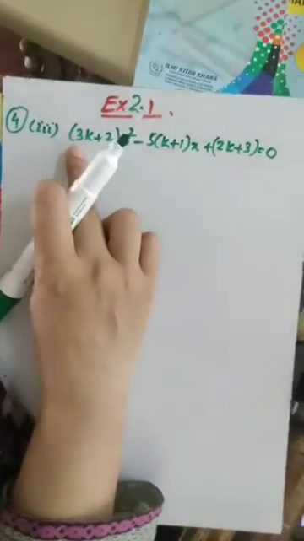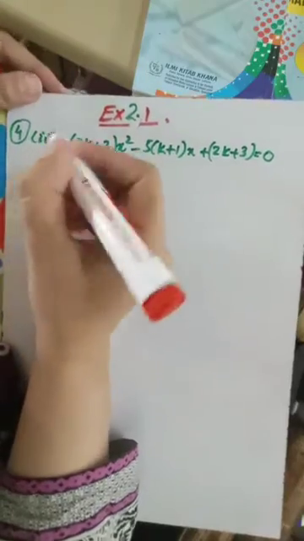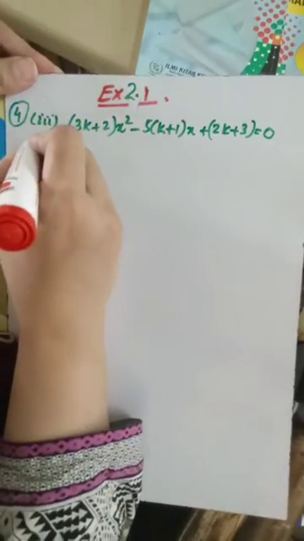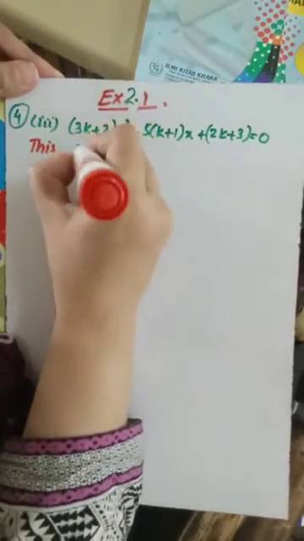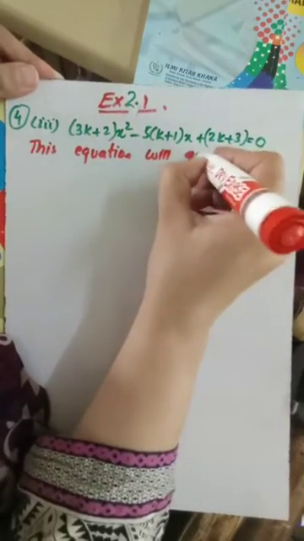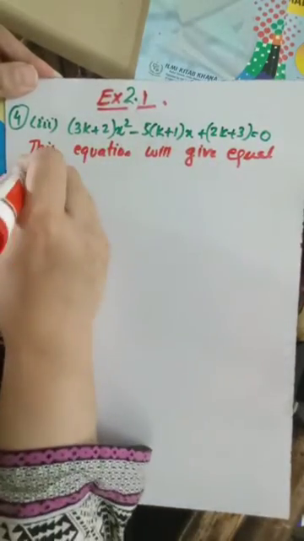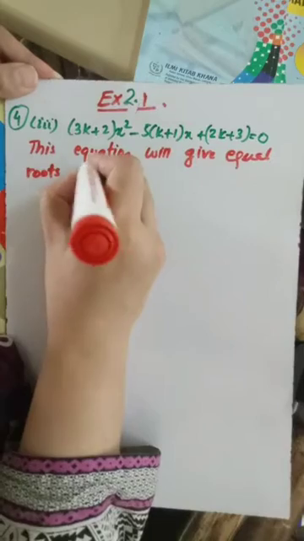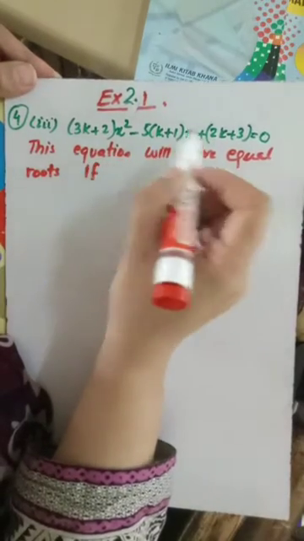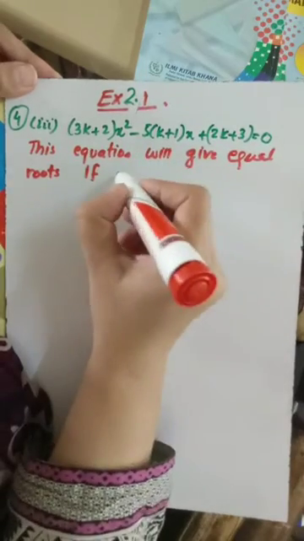Now we have to find the value of k for which this expression gives us equal roots. Now this is a quadratic equation, and we know that a quadratic equation will give equal roots if and only if the discriminant is equal to 0.